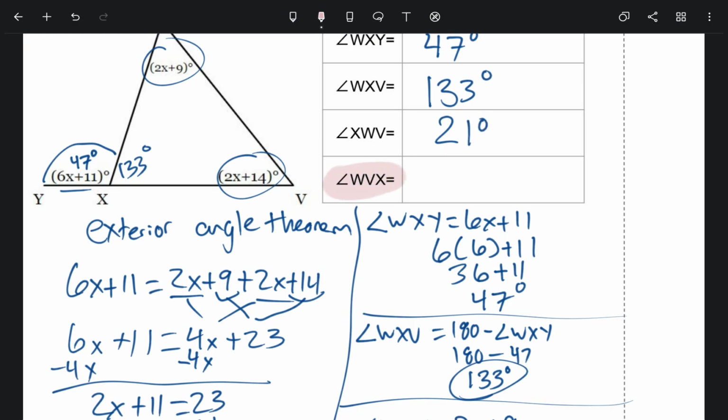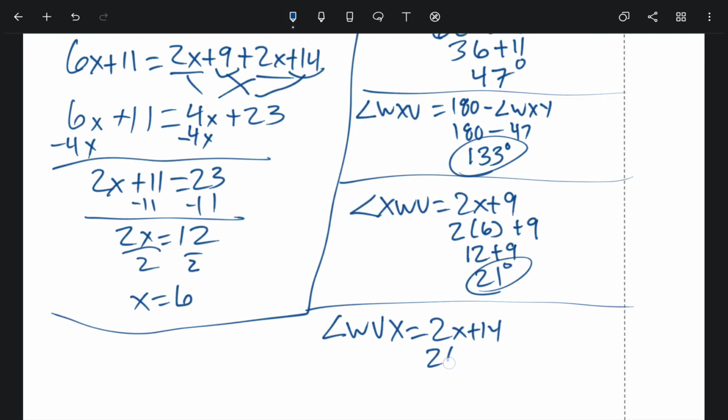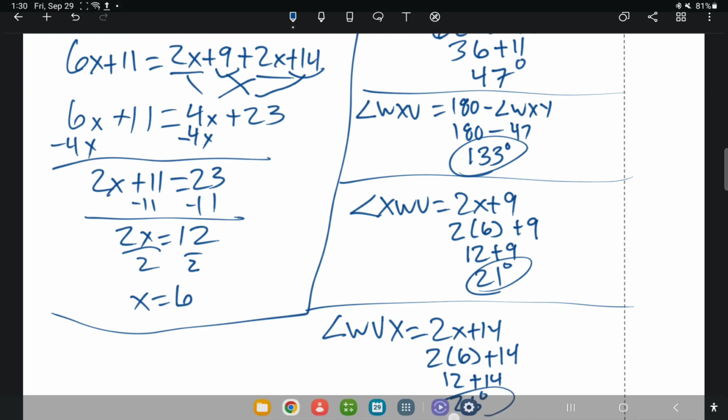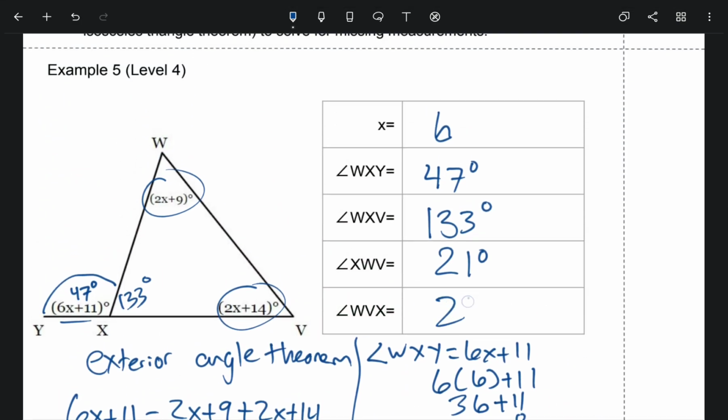And now our last bit is WVX, which is this angle right here, 2x plus 14. So just like before, plug that 6 in for x. We get 2 times 6, which is 12, plus 14. 12 plus 14 gives us 26 degrees. We are done with this problem.